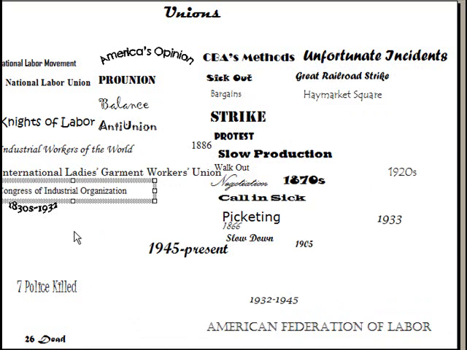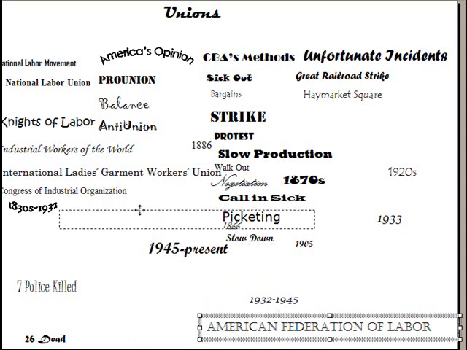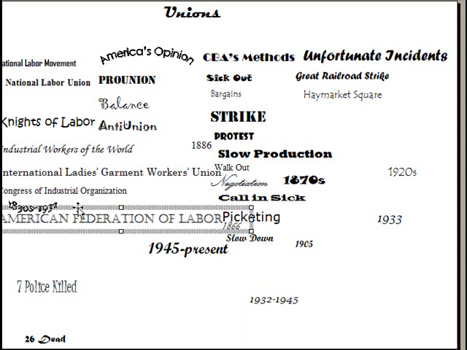That was the Congress of Industrial Organizations. So now we've pretty much sorted most of our options. I also spotted one more that comes underneath the national labor movement. But pretty much now we have most of our material sorted. Again, we sort from very general down to the very specific details.